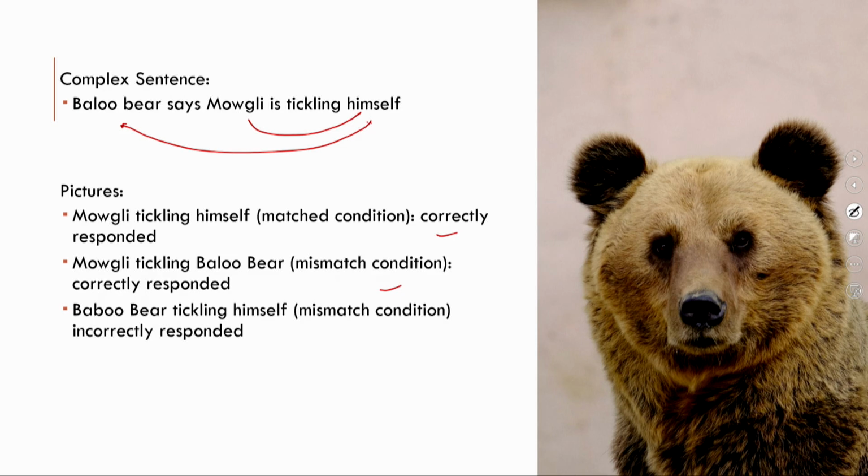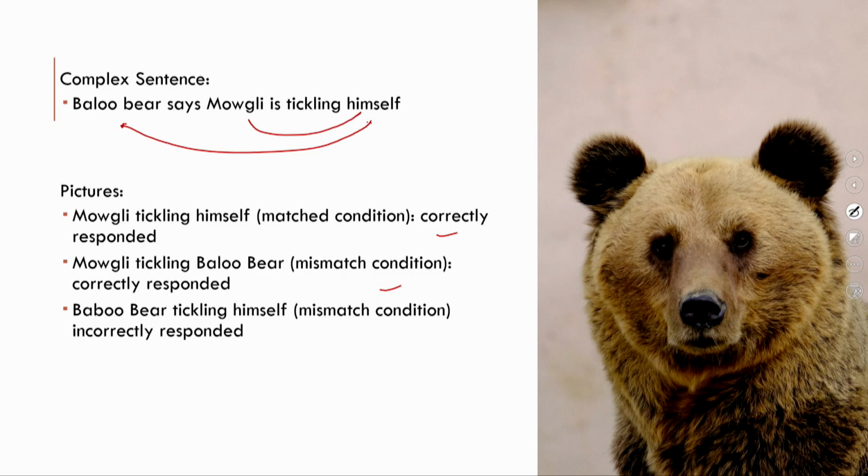So they are not obeying the binding principle here. The binding principle says that the reflexive has to be interpreted within the local domain. They considered this also correct, as a result of which they thought this also matches the sentence, which was an incorrect response.